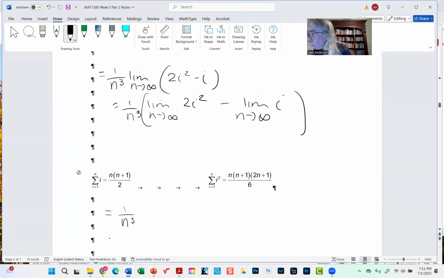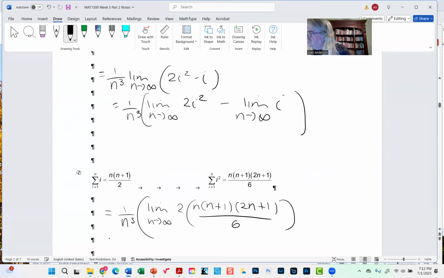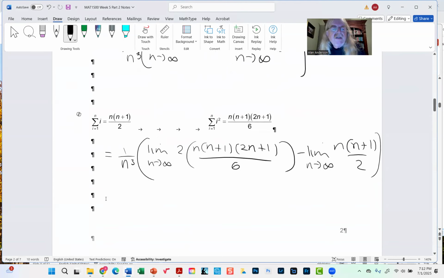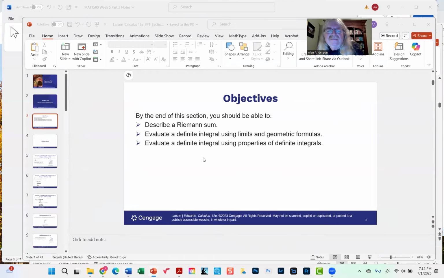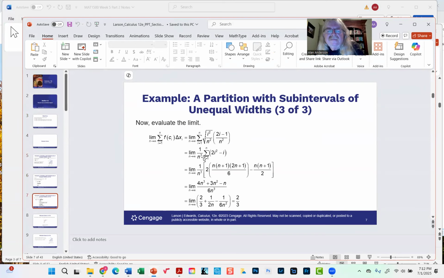So the first one will be n times (n plus 1) times (2n plus 1) over 6. And the sum of the i's is n times (n plus 1) over 2. All right. Well, now what? They go through all the algebra.